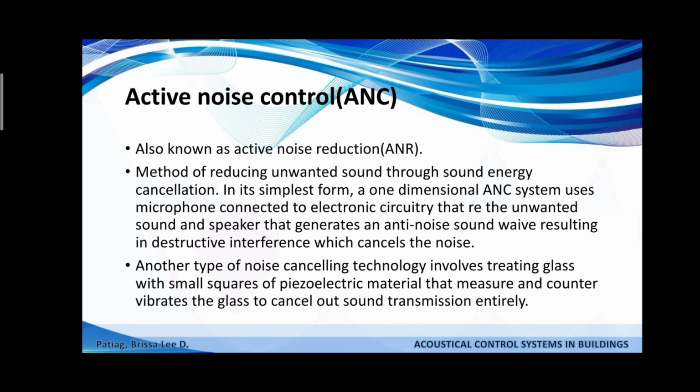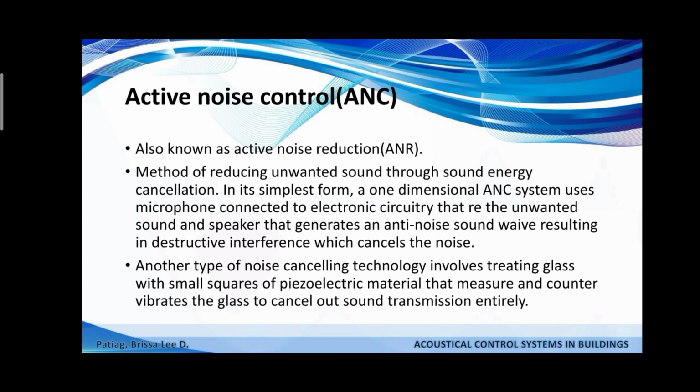Active noise control, also known as ANC, or active noise reduction, or ANR, or anti-noise, is a method of reducing unwanted sound through sound energy cancellation. In the simplest form, a one-dimensional ANC system uses a microphone connected to electronic circuitry that recognizes the unwanted sound, and a speaker that generates the anti-noise sound wave, resulting in destructive interference, which cancels the noise.